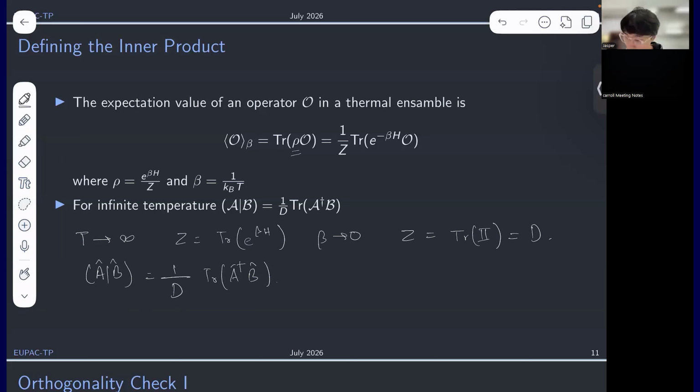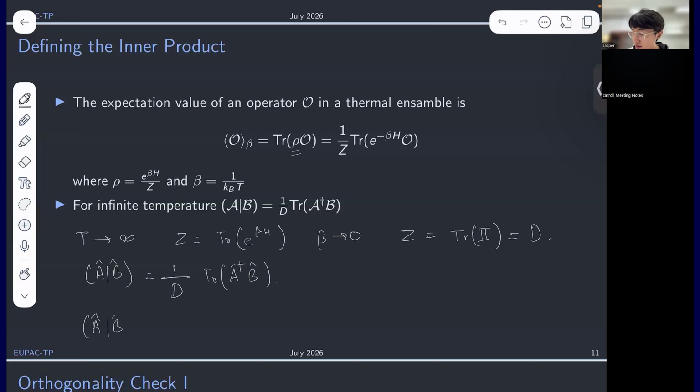This is for very large temperature, and it has come to my attention that in certain QFT systems, defining this inner product at infinite temperature seems to be problematic. So there are ways to define it at a certain finite temperature. I'll just write down how to define it.